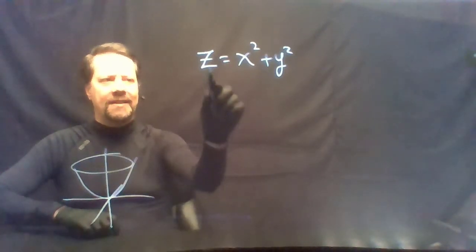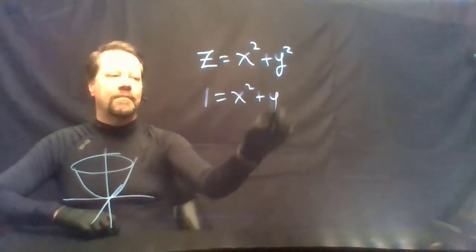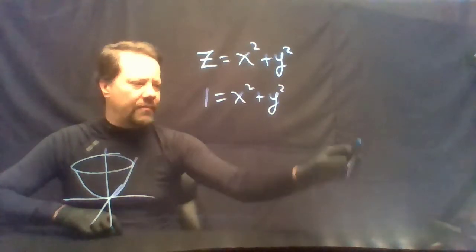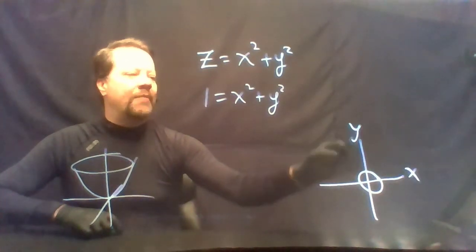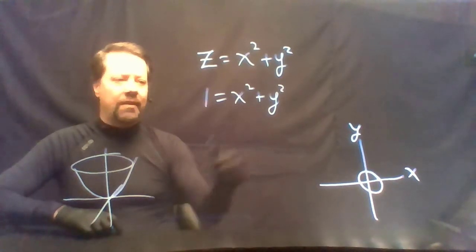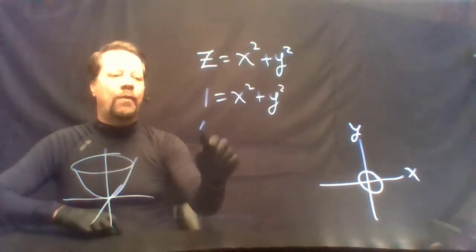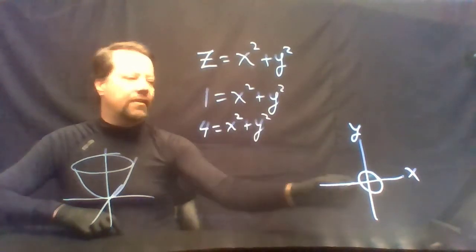Now, if you set z equal to a constant, the level curve is a circle. We can plot level curves in the xy plane, which represents part of the domain. If you set z equal to 4, you get a circle of radius 2.